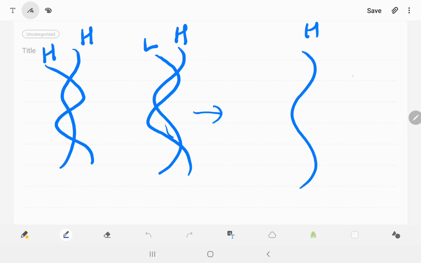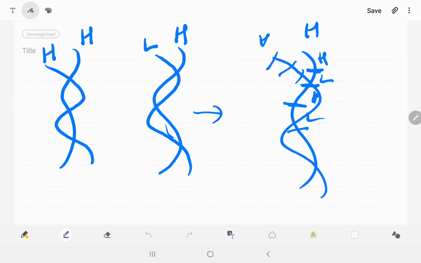A newly synthesized DNA strand with a light isotope will be intercalated between the heavy strand. So one will be H, L, H, L, like a patchwork. Same way, the other one. You have the second heavy strand, and you have a patchwork.